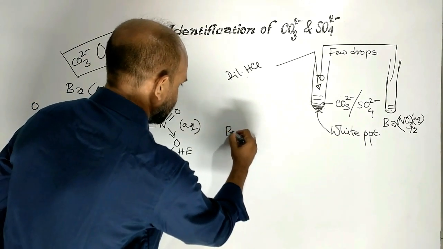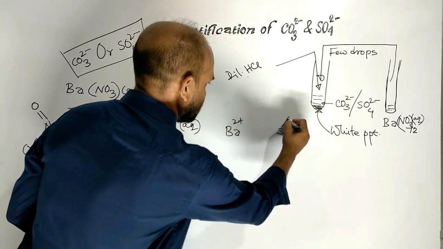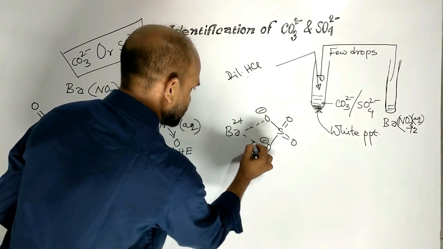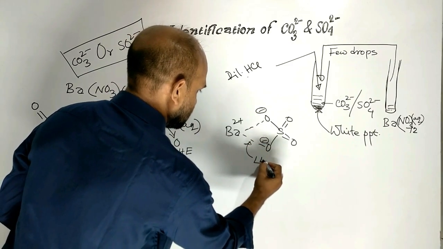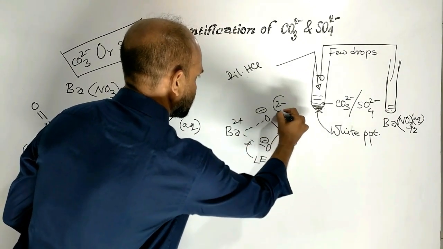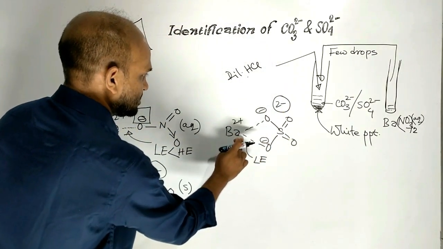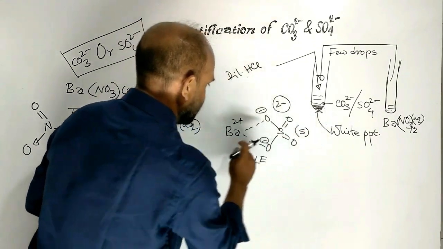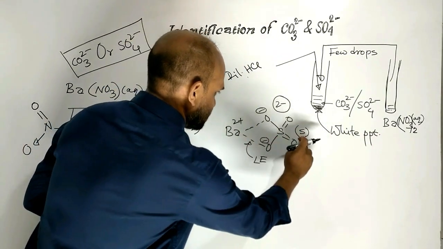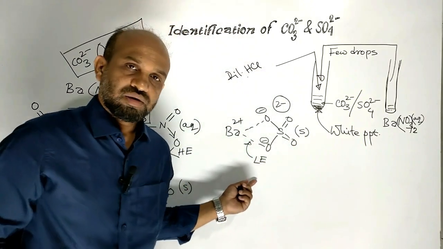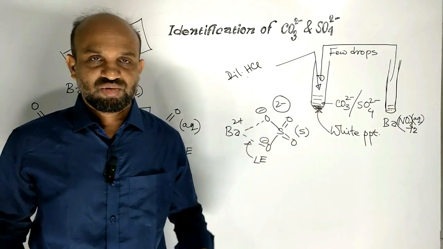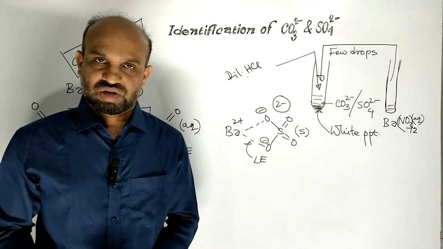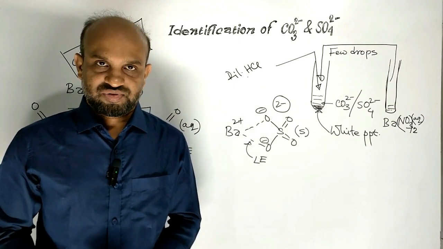Similarly, barium sulfate. Sulfate contains 2- charge. So here, strong lattice energy gets created. That is why barium sulfate is also insoluble in water. Barium nitrate is soluble in water, but barium carbonate and barium sulfate are insoluble in water due to the lattice energy difference.